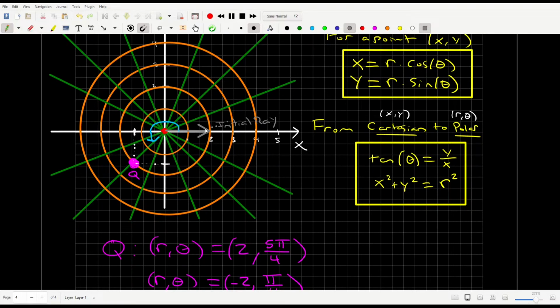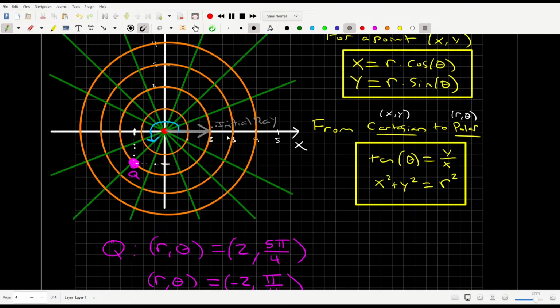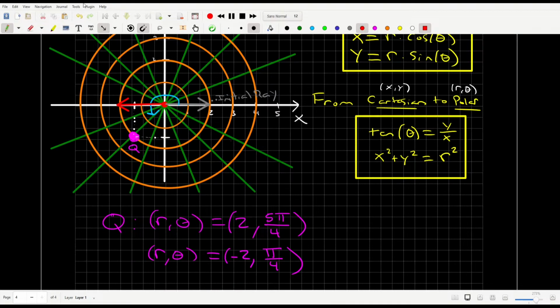The initial ray goes out to 2 and then rotates around to the angle of 5 pi over 4. If instead you have a negative value for your radius, this initial ray is going to point in the opposite direction. It's going to point along the negative x-axis. So in this case, the initial ray for the second description will go out to x equals -2.